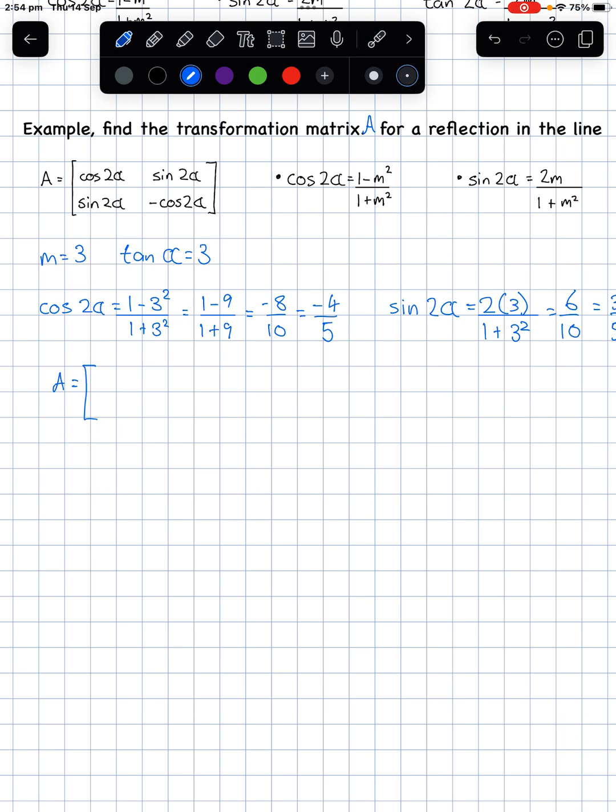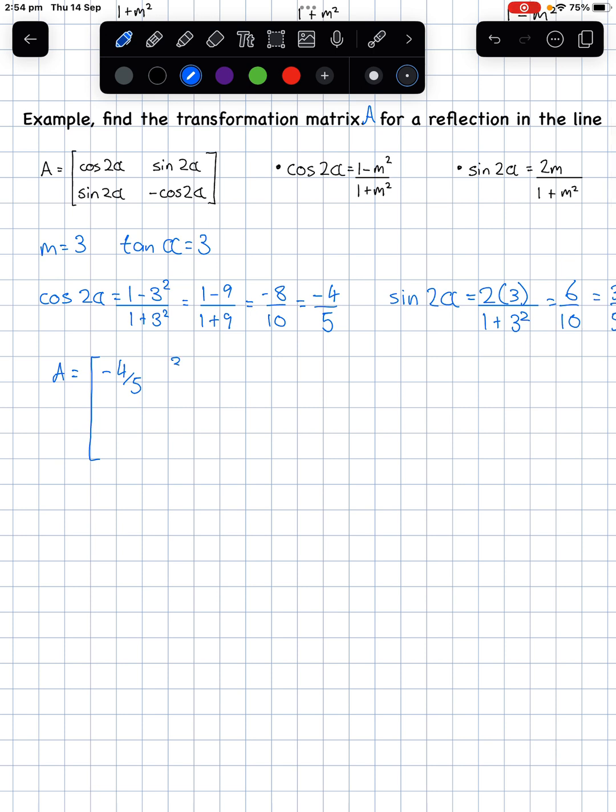I need to draw this bigger, I need a bit more room. We've got sine 2 alpha is 3 on 5, then sine 2 alpha in the bottom left corner is 3 on 5 as well. And then our last one is negative cosine, which is 4 on 5.